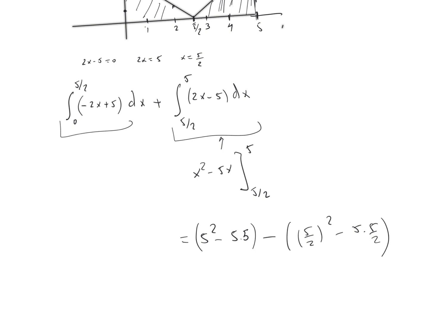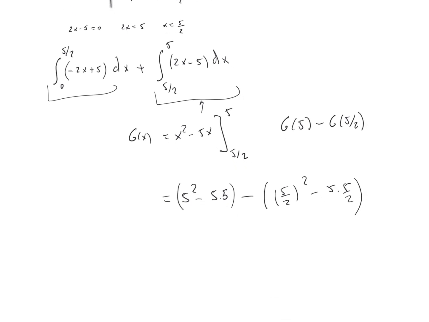So what I have done is I found g of x, and I found g of 5 minus g of 5 divided by 2. Let's make the calculation.